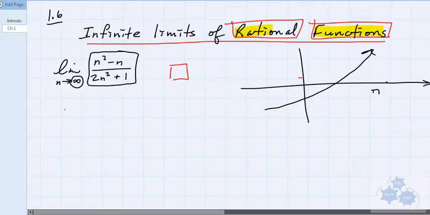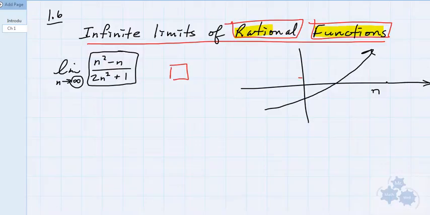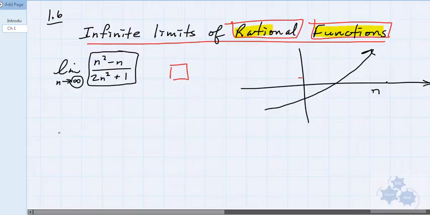Because of this fact. Here is a rule that we know, okay? The limit as n approaches infinity of 1 over n, really to any power r, but let's just say 1 over n. What happens to this graph as n approaches infinity? Now, if n was 1, the value would be 1.